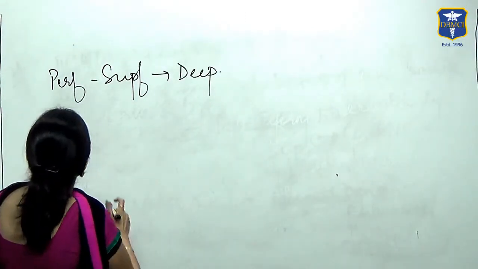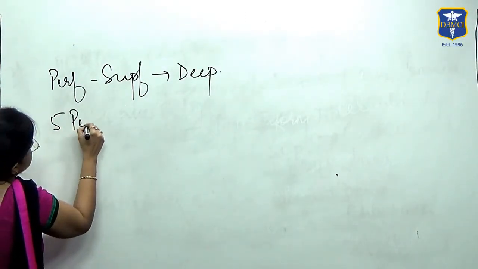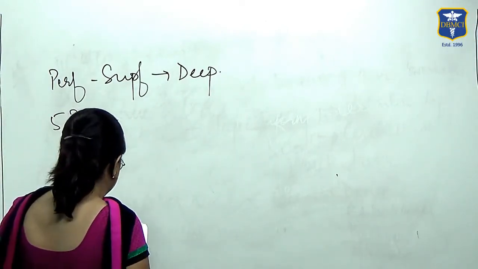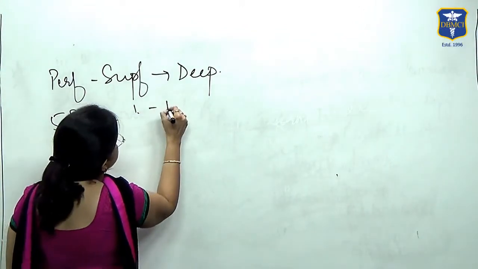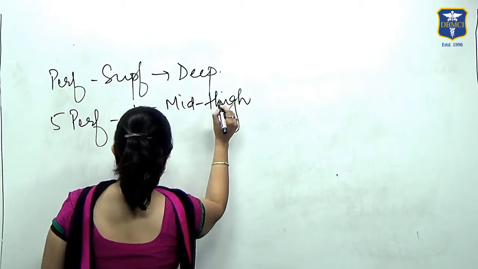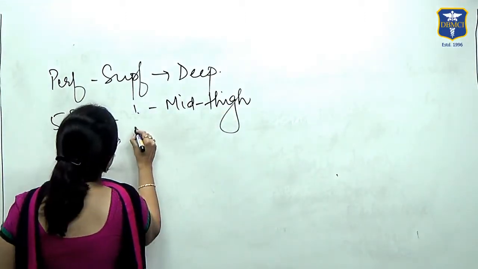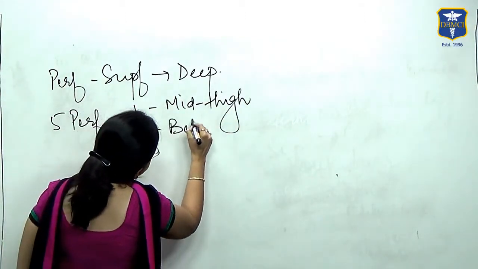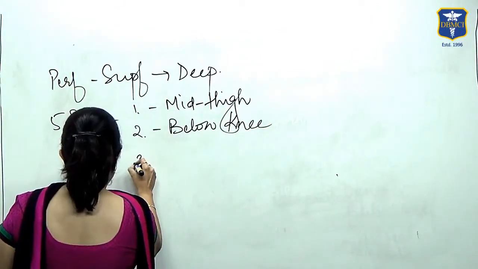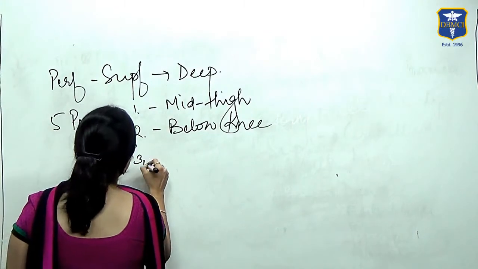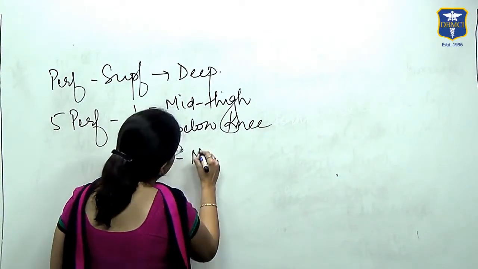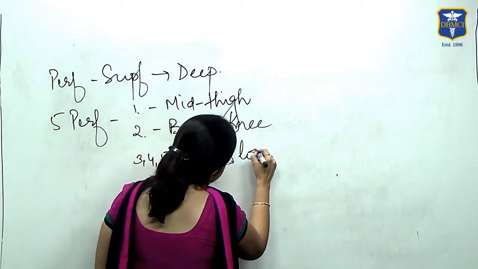There are 5 perforators along the long saphenous vein. 1 in the mid-thigh region. 2 below the knee. 3, 4 and 5 near the lower leg and ankle.